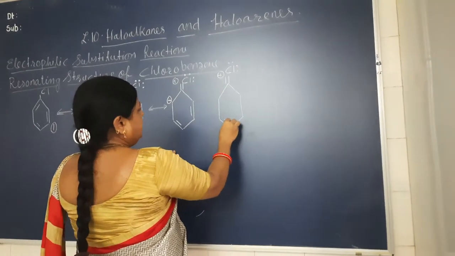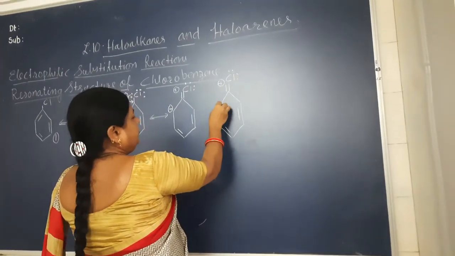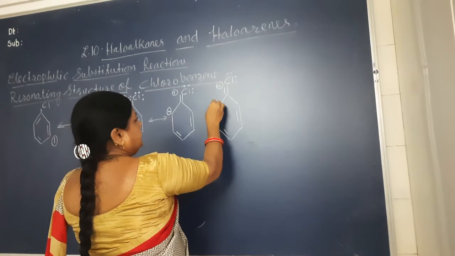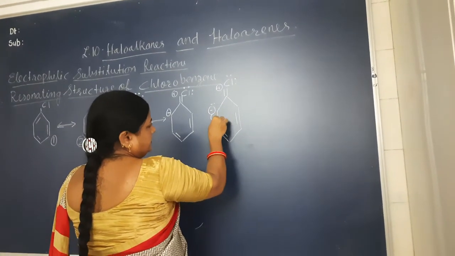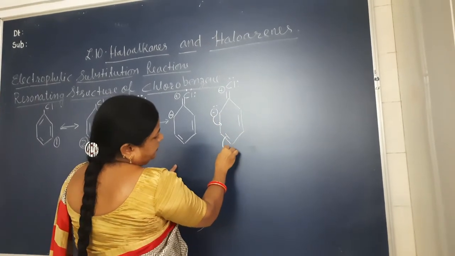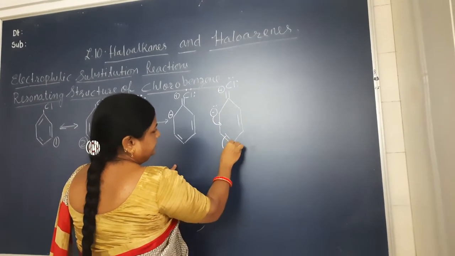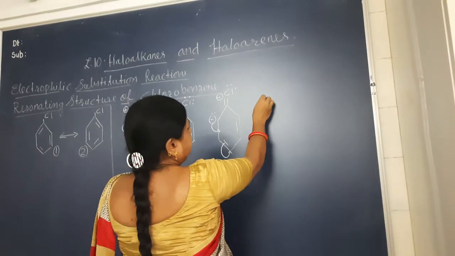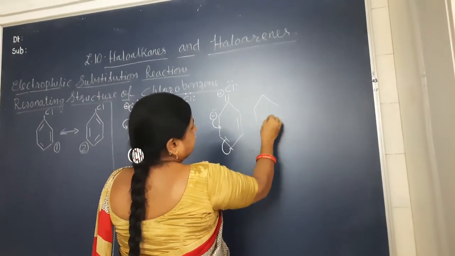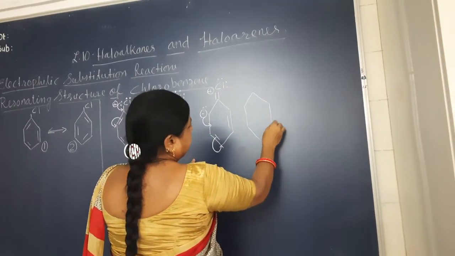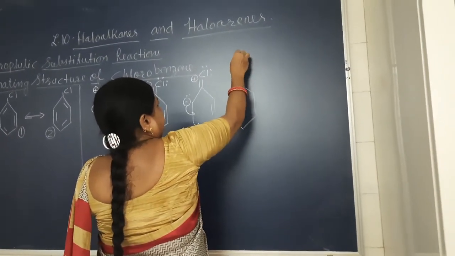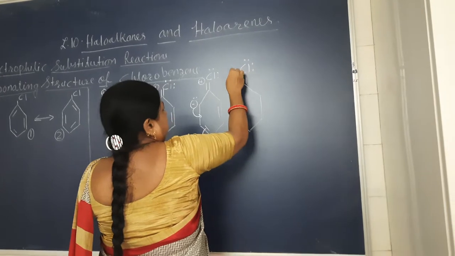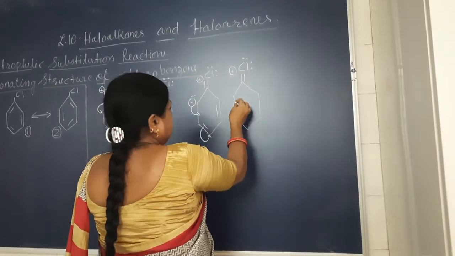Then here, okay. Now this minus charge electrons will move here and this pi electrons will move here. What will the next figure be? 1, 2, 3, 4, plus charge.